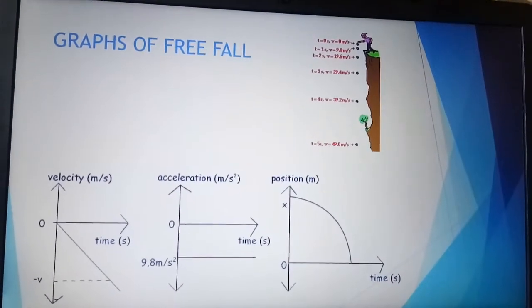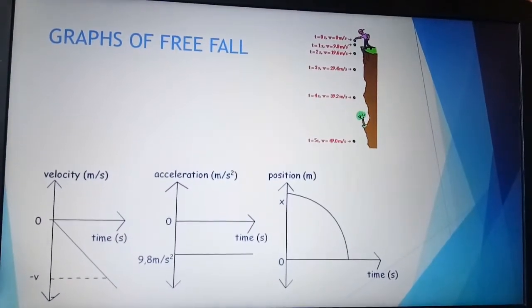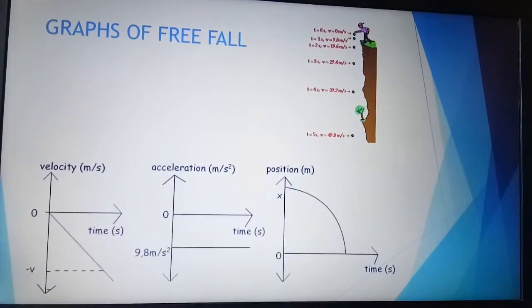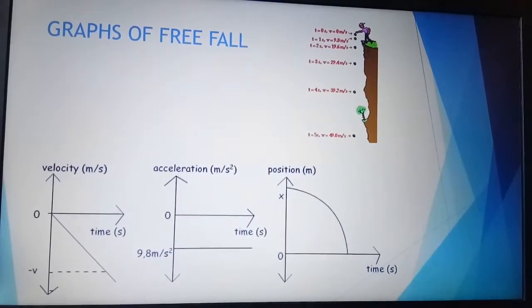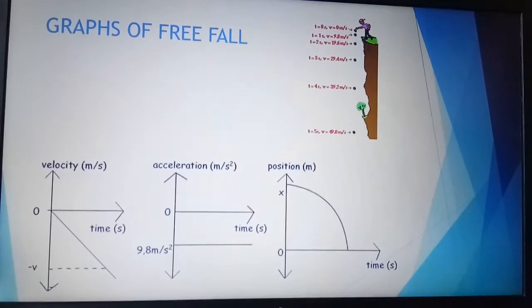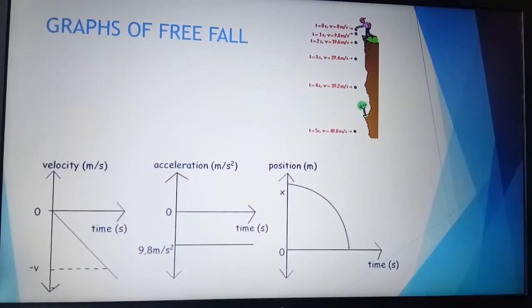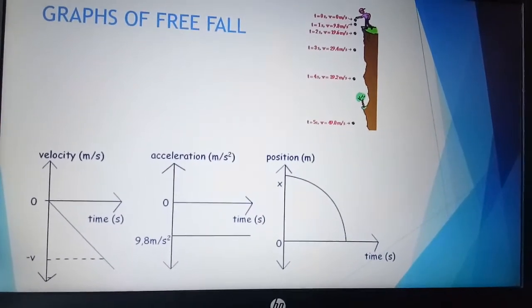If you draw the slope for this straight line graph, that slope is going to be the same throughout the graph. Slope of the velocity time graph always gives us acceleration. So that acceleration is 9.8 meter per second square.